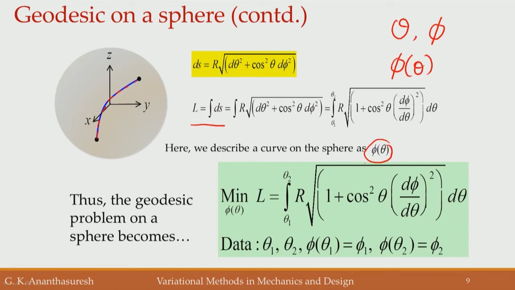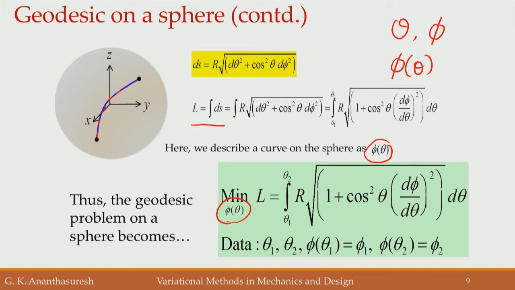So, that becomes our unknown function here. Then the integrand that we have here, with cosine square and d phi by d theta, we put that in and try to minimize this integral subject to what is given, that is theta 1, theta 2, phi 1 and phi 2, the starting and end points. We need to find this function phi of theta to get what is called a geodesic or minimum distance curve.